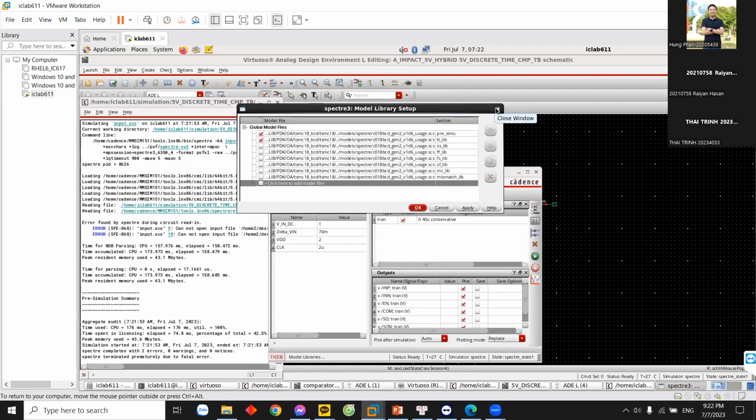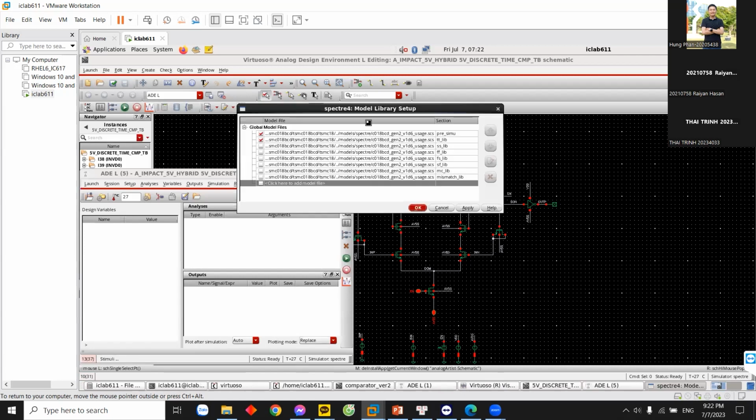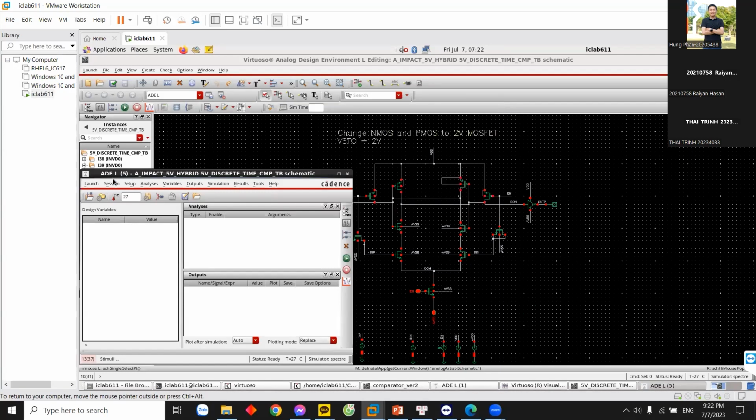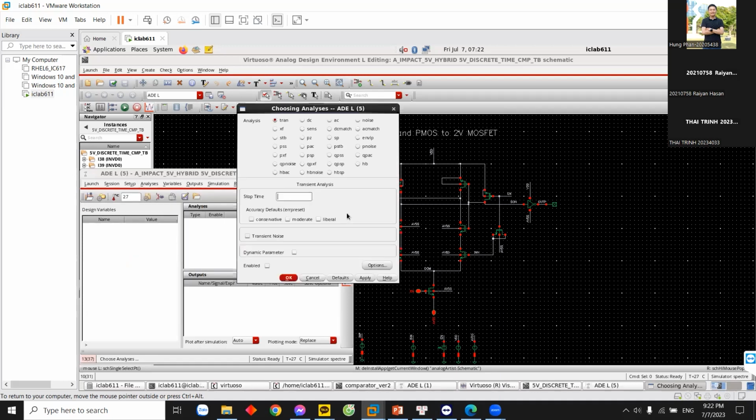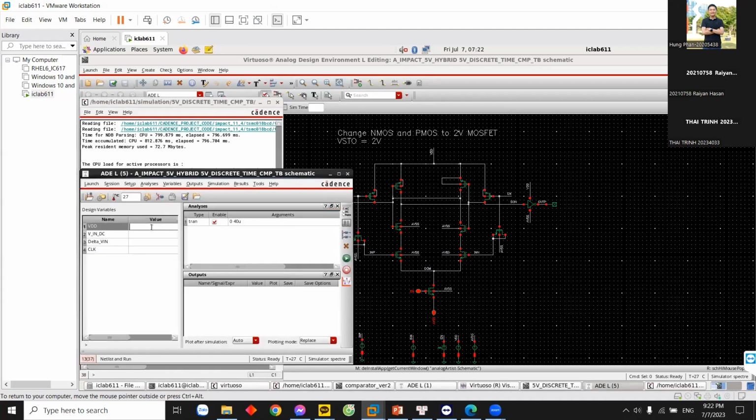I think we close and open again, because your directory here is wrong when you copy my schematic. Formatted block. To micro.